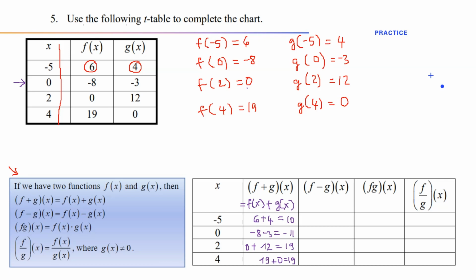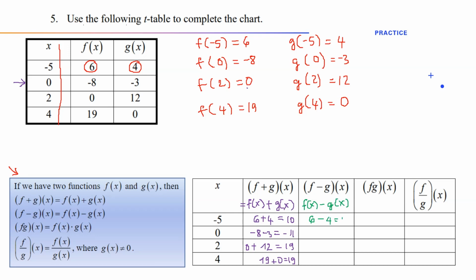Okay, so now f minus g of x, that will be f of x minus g of x. So f of negative 5 will be 6. Subtract g of x, and x equal negative 5, so g of negative 5 will be 4.